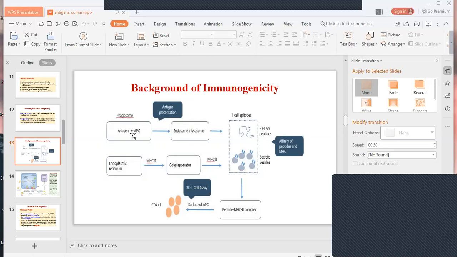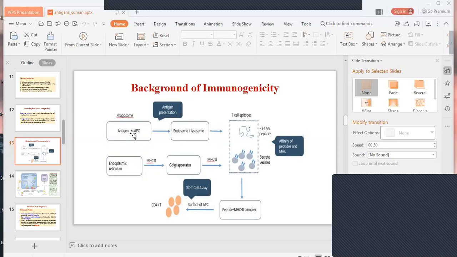Here the antigens are recognized first by the antigen presenting cells such as the dendritic cells, macrophages, monocytes.